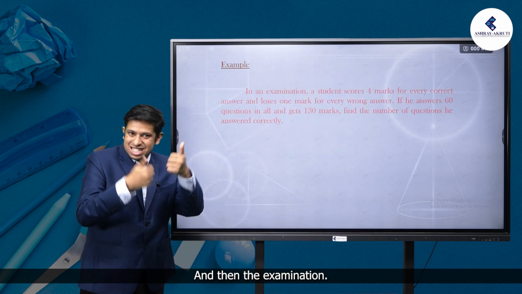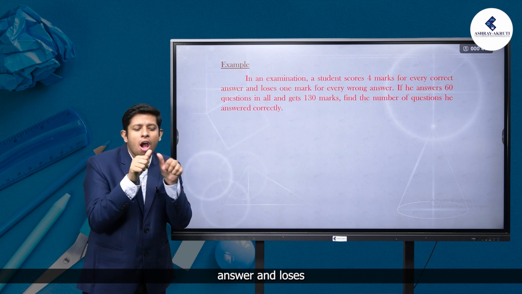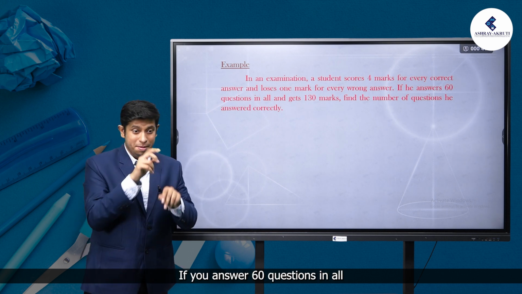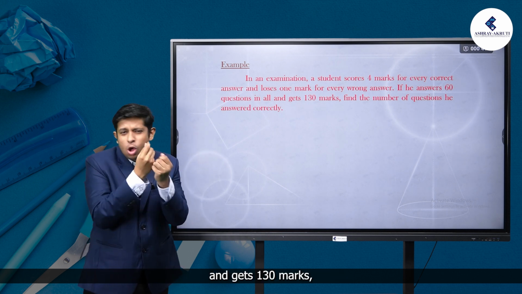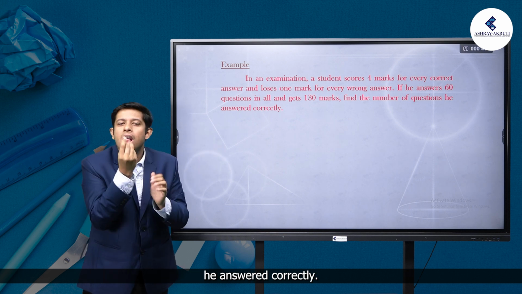Example. In an examination, a student scores 4 marks for every correct answer and loses 1 mark for every wrong answer. If he answers 60 questions in all and gets 130 marks, find the number of questions he answered correctly.